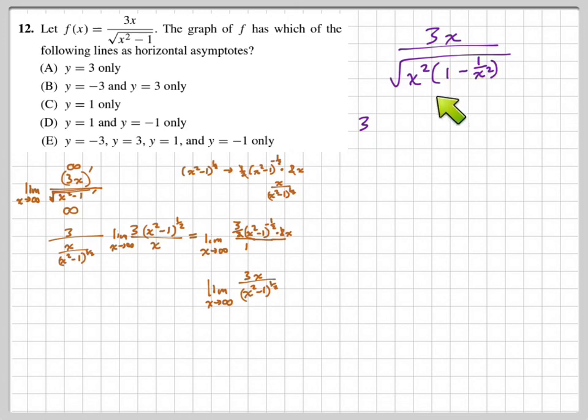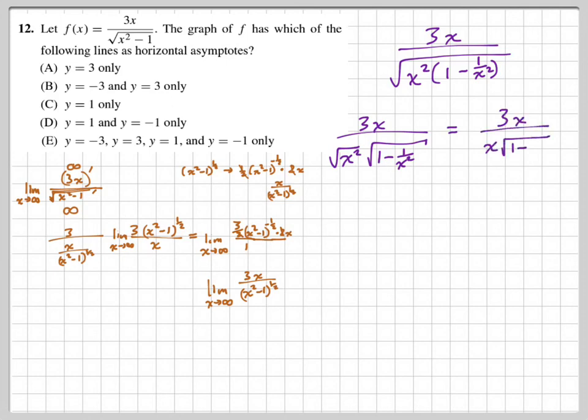That will allow us to take this x squared out of the square root and give it its own square root. Once we do that, we can simplify the square root of x squared, and then we get 3x over x times the square root of 1 minus 1 over x squared.